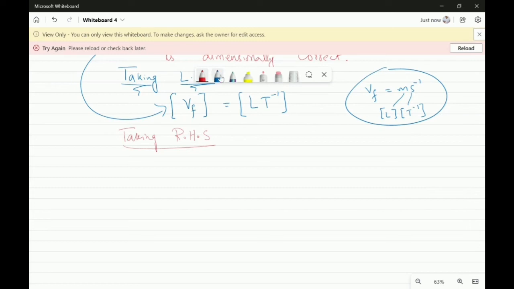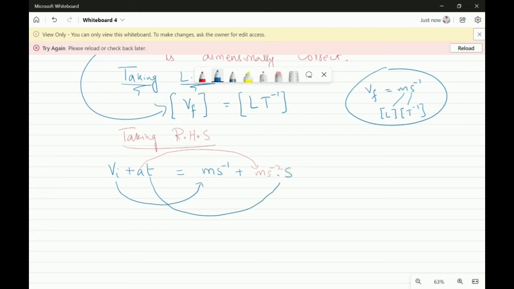So right hand side में हमारे पास क्या है? We are having Vi plus At. So first of all, let us try to write their units. The unit of velocity is again meter per second, plus the unit of acceleration is meter per second square, and the unit of time is second.